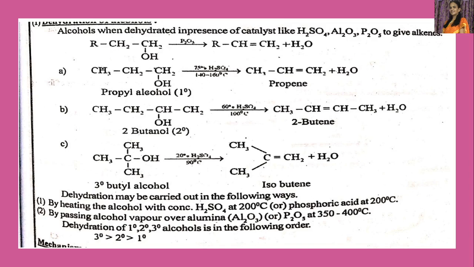The next one is passing alcohol vapor over alumina, that is Al2O3, or P2O5 at about 350 to 400 degrees centigrade. Generally, dehydration of primary, secondary and tertiary alcohols takes place in the order tertiary greater than secondary greater than primary, which is the stability order of the carbocations.